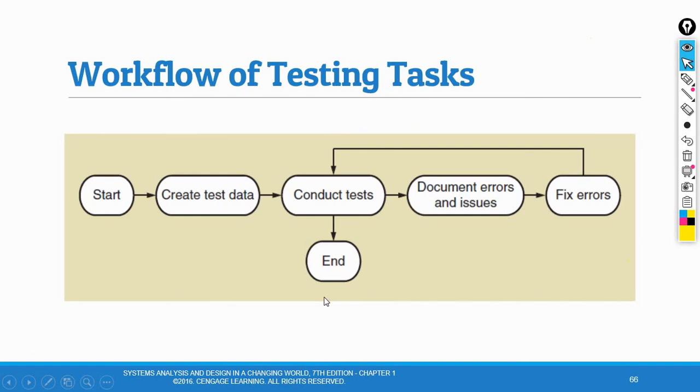If there are no errors, it will end. Although there are many types of testing, we will mention only two types at this time: overall system functional testing and user acceptance testing.